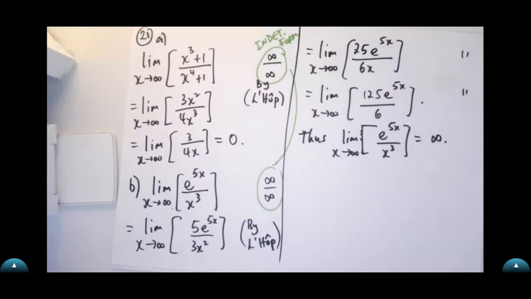Okay. So you know, that's the long way of doing it, really. You could say here that L'Hopital's rule actually slows you down with these kind of problems.